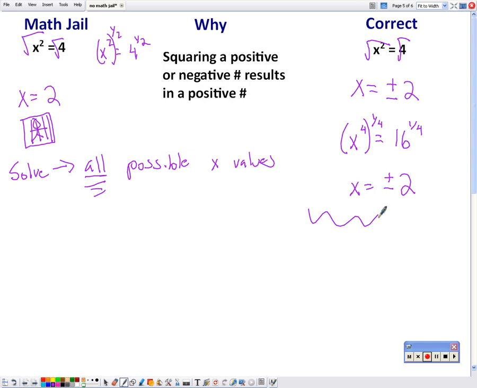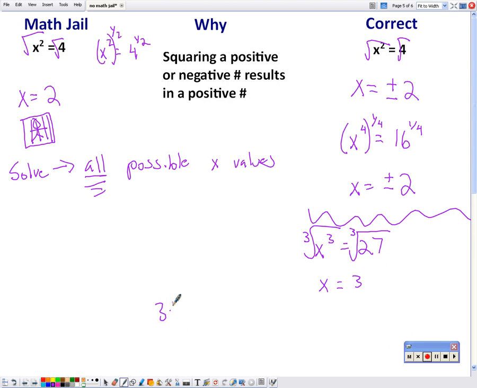On the flip side, if I have x cubed equals 27, I do not need a plus or minus. And here's why. Take the cube root of both sides. Then you're going to get x equals only 3, because we're multiplying a number out 3 times.